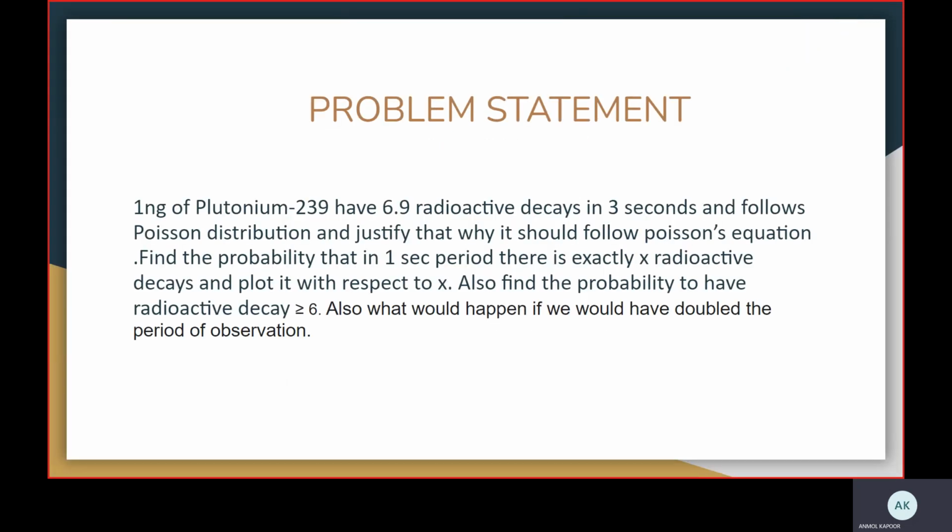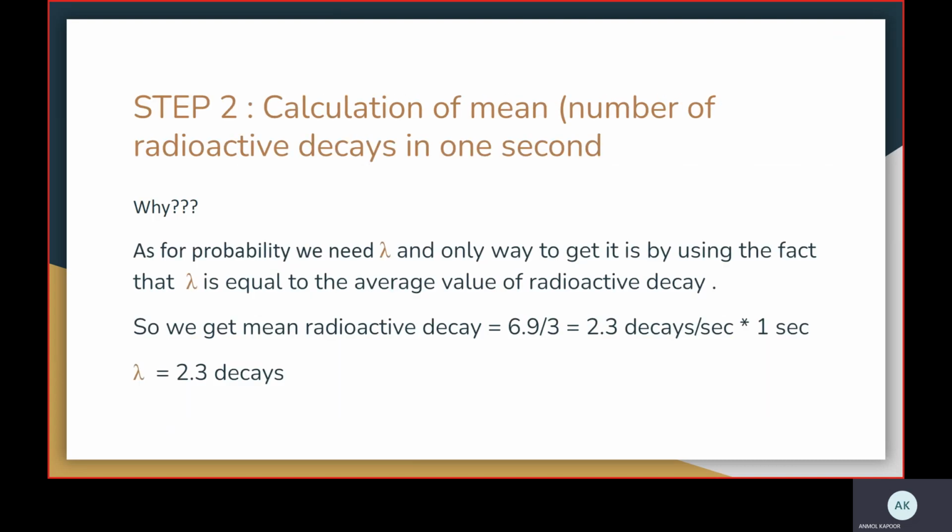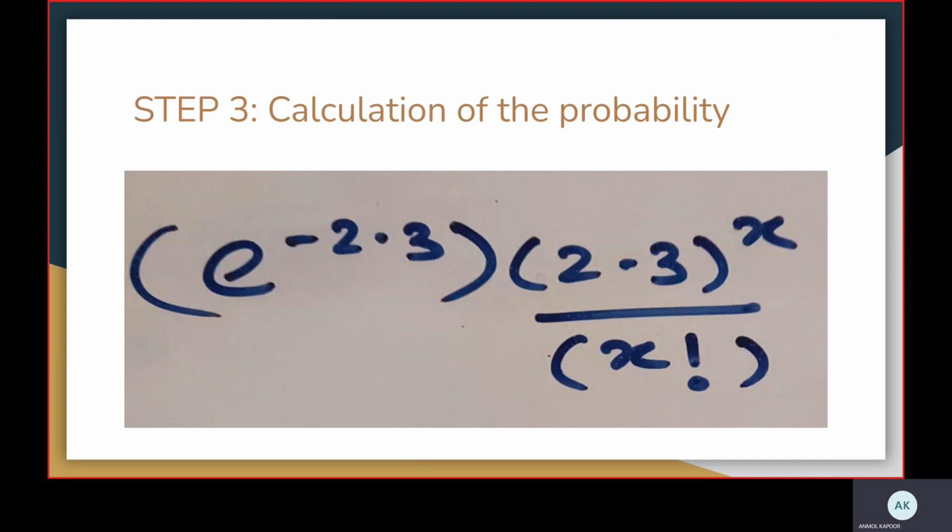Here it is given that 6.9 radioactive decays happen in 3 seconds. So expectedly 2.3 radioactive decays happen in 1 second. Therefore lambda can be taken as 2.3 decays. So putting in the formula, I got e to the power minus 2.3 into 2.3 to the power x upon x factorial as our final formula.